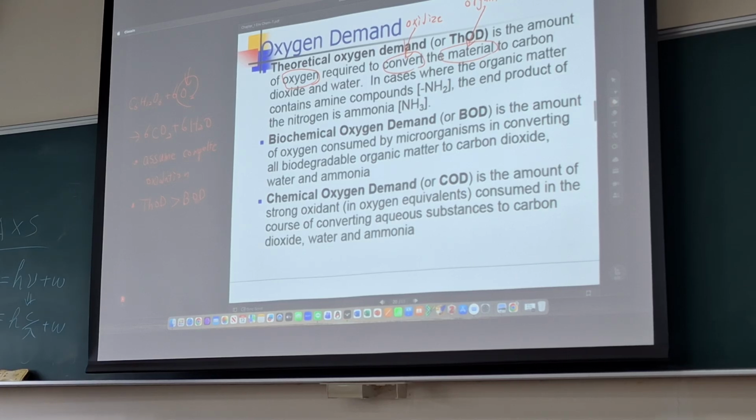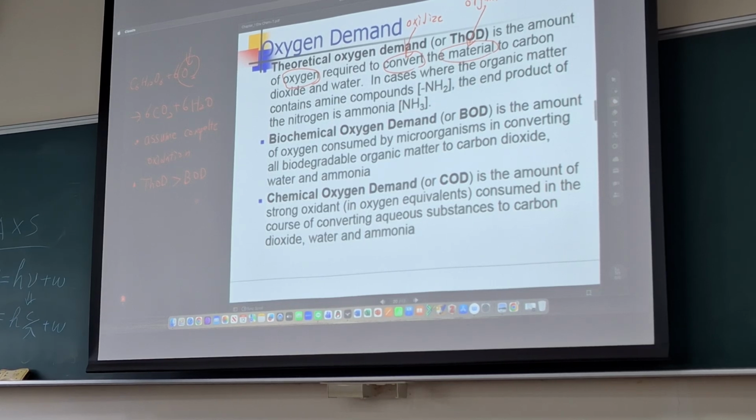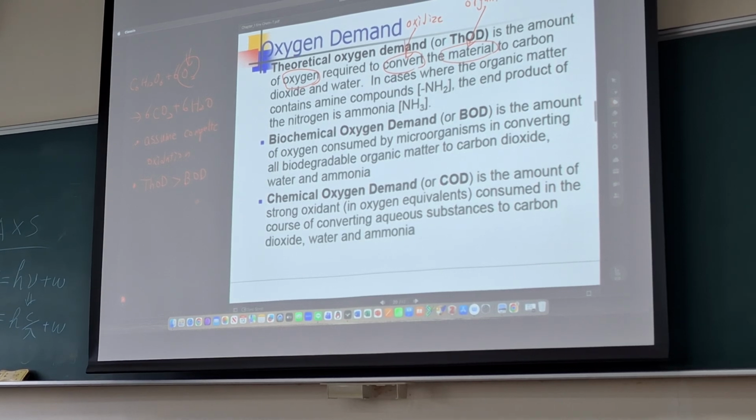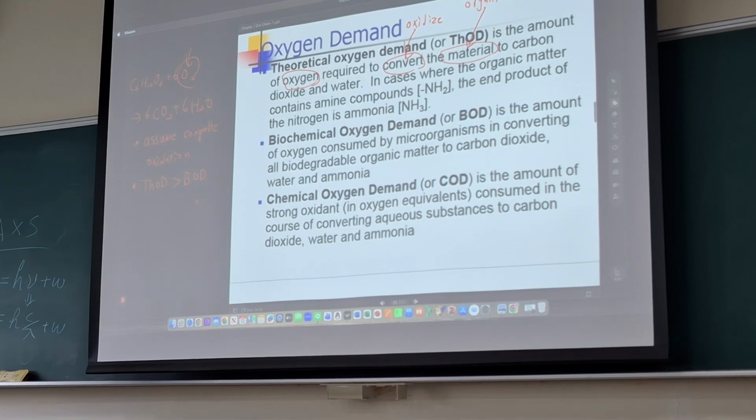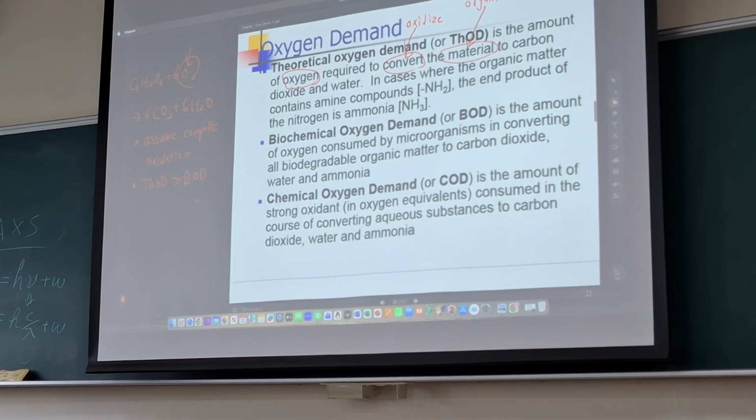So the THOD is normally larger than BOD. TH stands for theoretical, right? 理论值啊，理论的。So we calculate from the formula, and we also have some assumption, for example, this is complete oxidation. So the value of THOD will be larger than BOD.